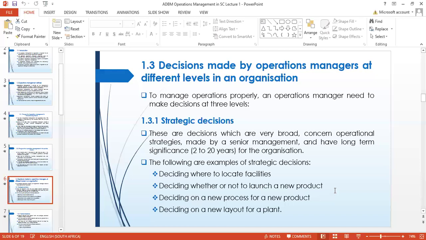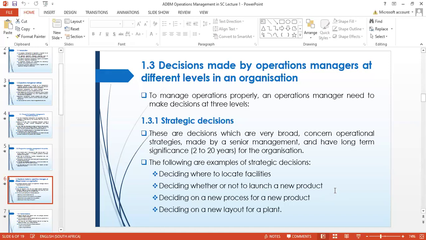What are the examples of strategic decisions that are made by the senior managers? Deciding where to locate the facilities for a business. If we have a business that is growing, who decides? For example, we have ShopRite. When ShopRite was expanding throughout the country, or is still expanding throughout the continent, who decides where to locate ShopRite's facilities? It is the senior managers.